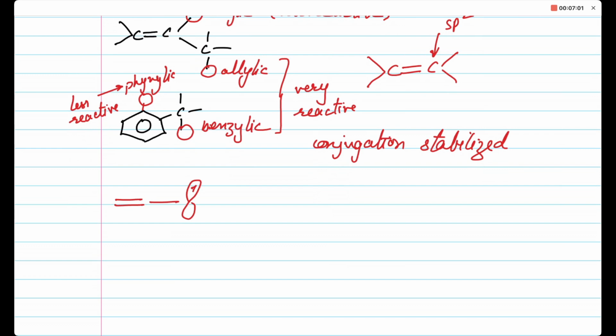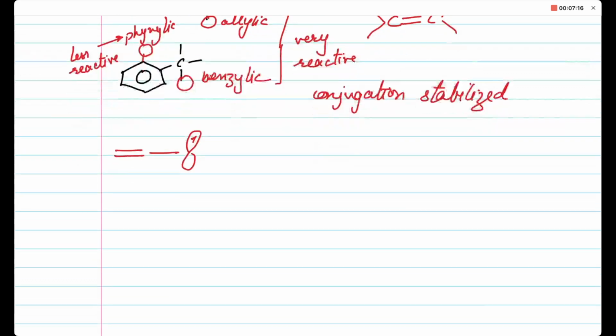Hence, they are easier to form even than the tertiary radicals. So if we have allylic and benzylic position in a free radical halogenation reaction, we can rest assured that allylic and benzylic products would be the major product.